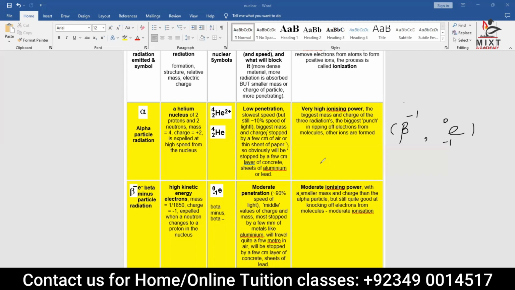Okay, students, we have missed one point actually, that in an electric field, they deflect towards the anode, which is the positive terminal of the battery.